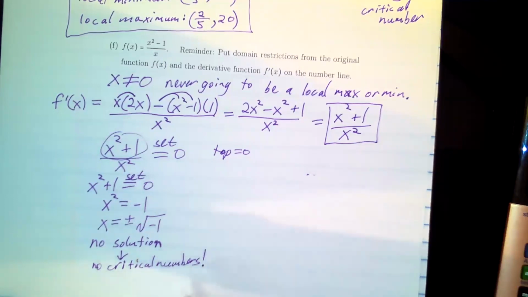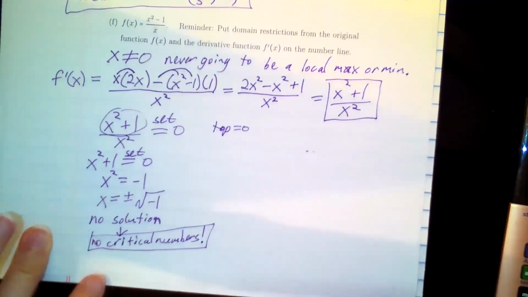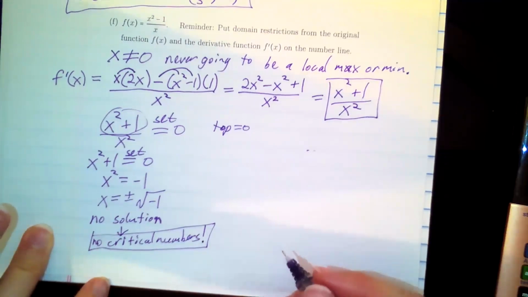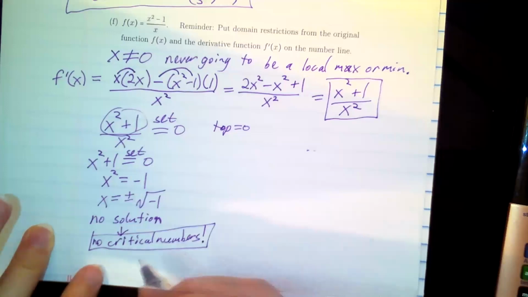And so since there seems to be no critical numbers at all from any direction, there cannot be any local extrema. Local extrema has to correspond to critical numbers, period. If you don't have any critical numbers, you don't have any local maxes and mins. End of the story. So if I get no critical numbers, which I do, then that's it.